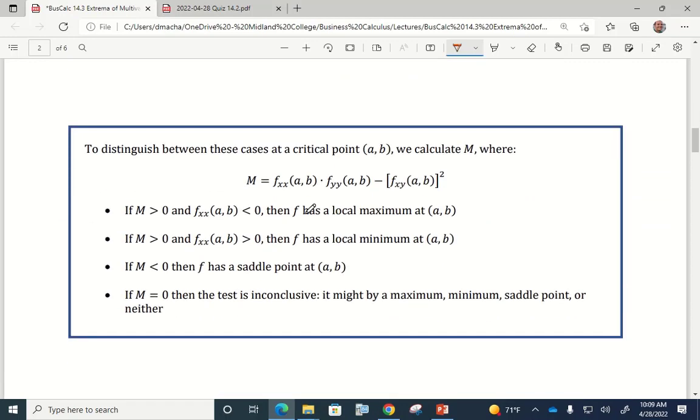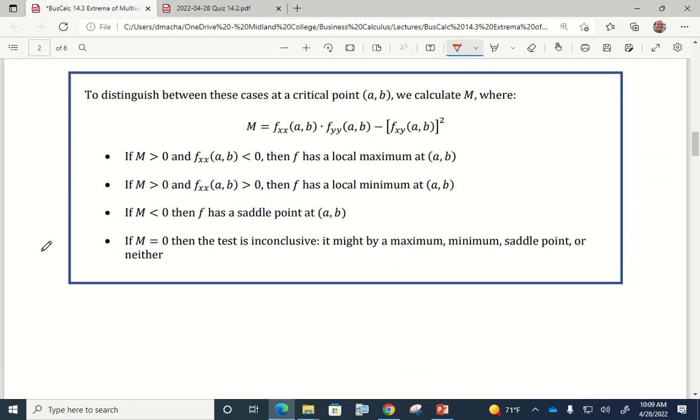So this next box down here says, if you want to actually be able to characterize critical points of multivariable functions, you want to find out, is it a maximum, is it a minimum, is it a saddle point? This is the test that we're going to use to figure that out.